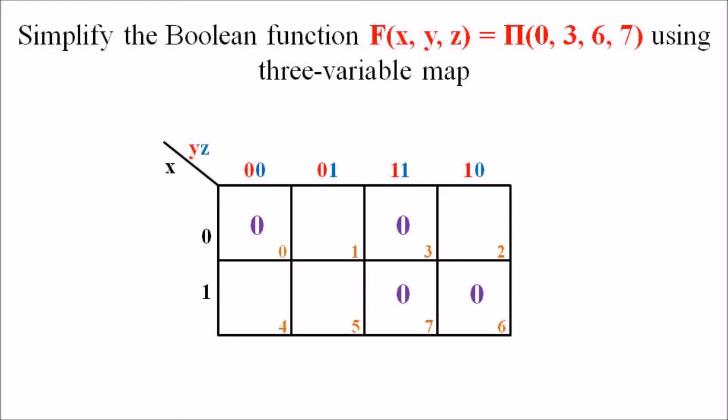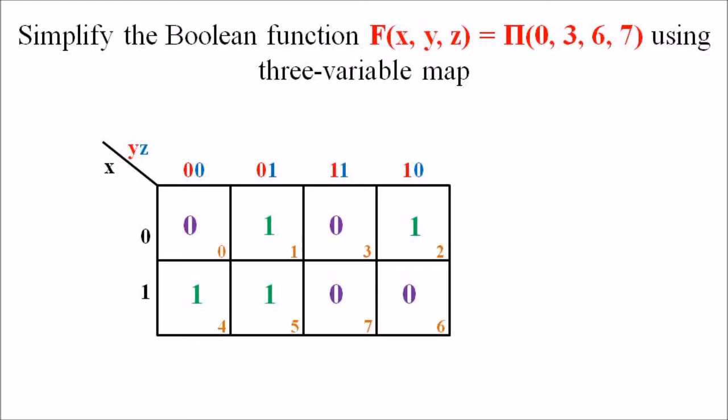Since the function is given as pi of 0, 3, 6, 7, we should mark the value 0 in the cells M0, M3, M7, M6. Next, the rest of the cells are marked with the value 1. After this, we can apply our reduction rules.